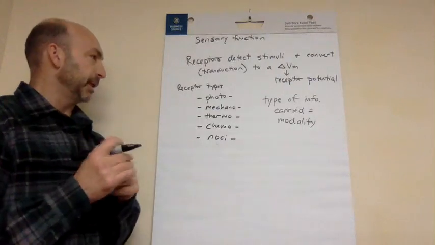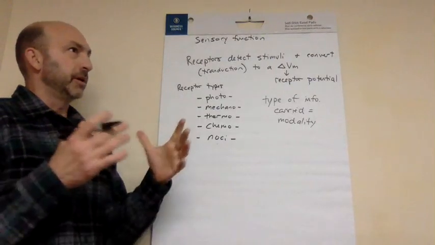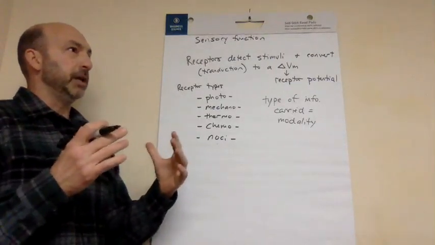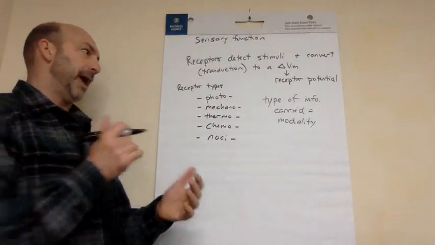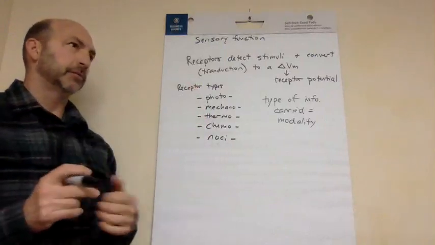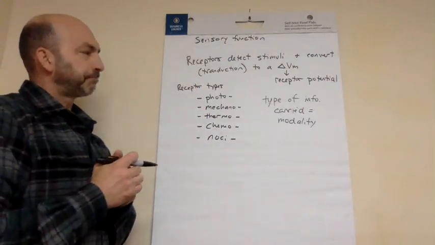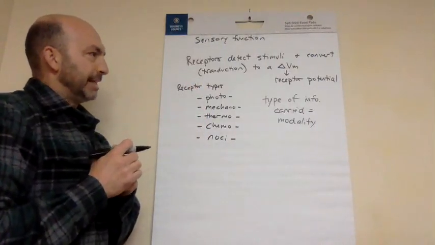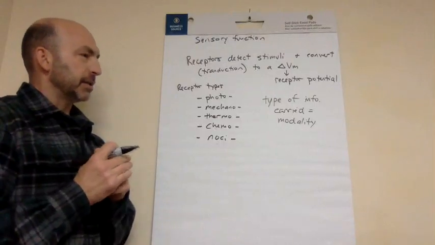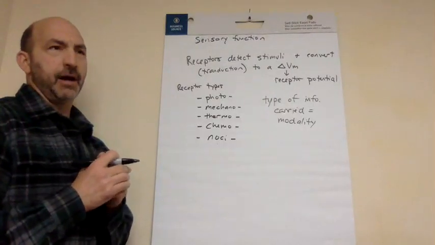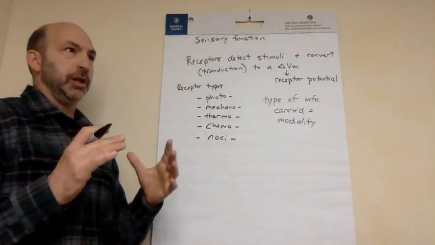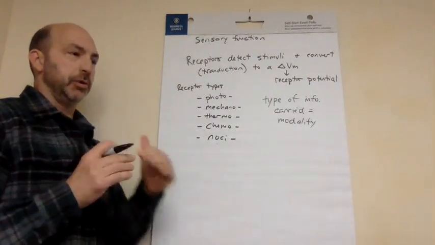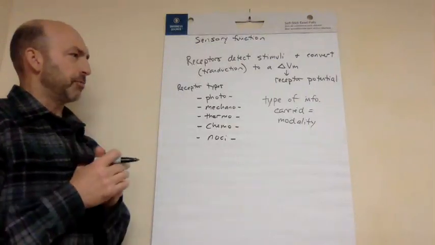These filters, we'll talk a little bit about that later, but the filters can sort of hone the type of information or the type of stimulus to that particular type of receptor. The special senses often have filters that help sort of funnel information and filter information to those receptors. And again, we'll talk more about those later.